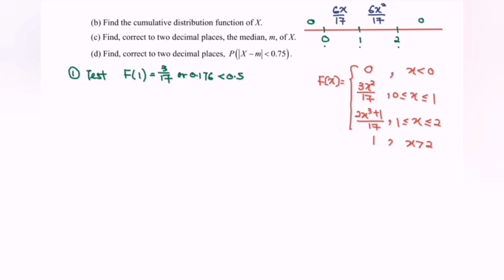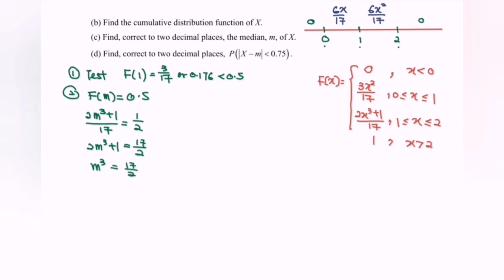Next, F(m) is equal to 0.5. So kindly substitute into the third function, where we have 2m cubed plus 1 over 17 is equal to 1 over 2. Rearrange the situation: 2m cubed plus 1 is equal to 17 over 2. m cubed is equal to 17 over 2 minus 1 over 2, so m cubed will be equal to 15 over 4.